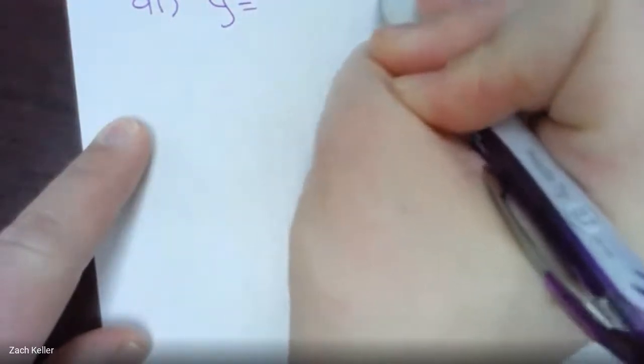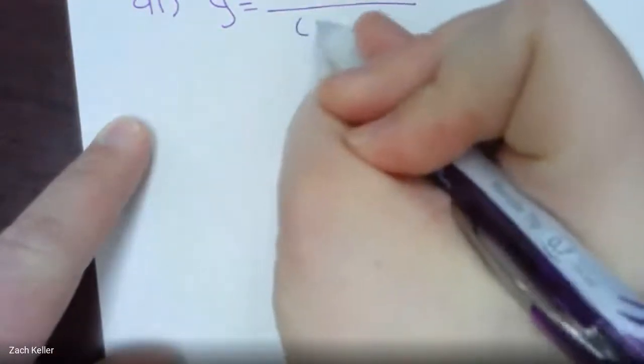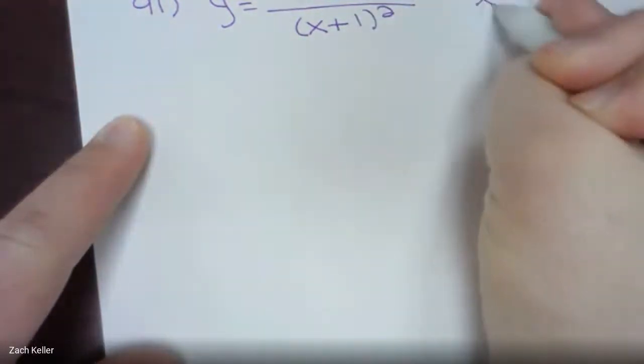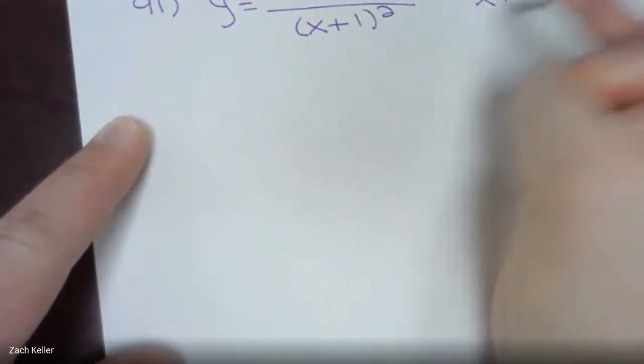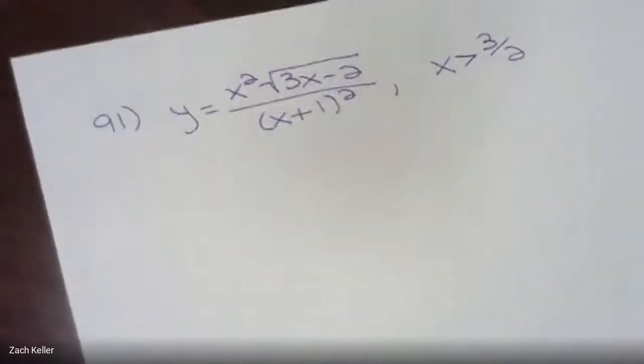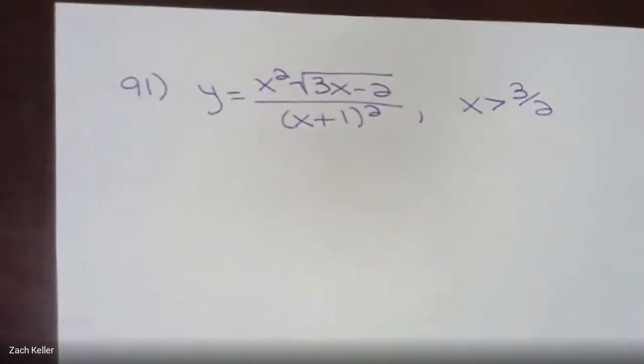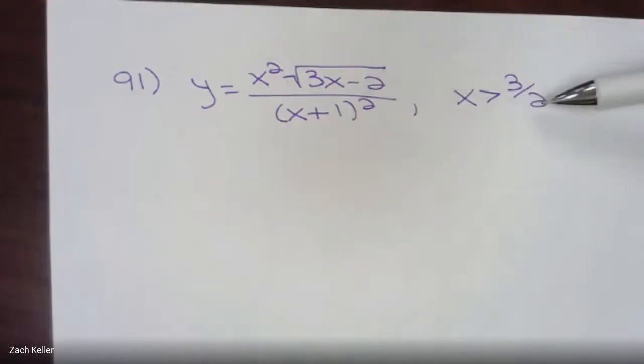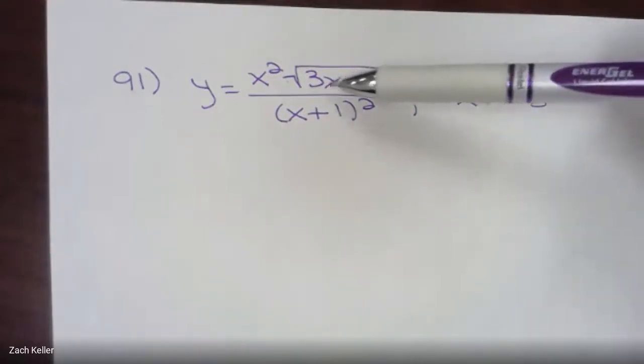And 91 is kind of tricky, so I'll go ahead and work through most of it with you. Okay, so there you go. There's 91. That has x is greater than 3/2. The only reason they have that is because I cannot take the square root of a negative, so that 3/2 is my domain.